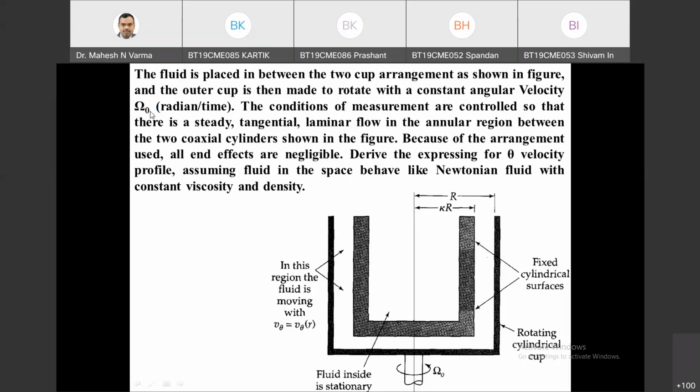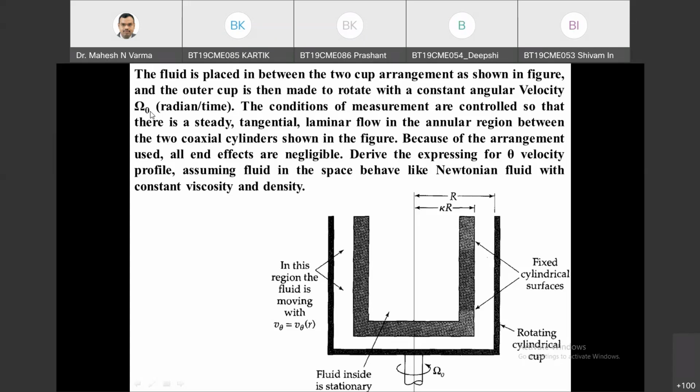Roll number 54, Deepshikha. Yes, sir. Have you taken down the problem? Yes, sir. Can you read the problem loudly? The fluid is placed in between the two cup arrangement as shown in the figure, and the outer cup is then made to rotate with a constant angular velocity omega naught.